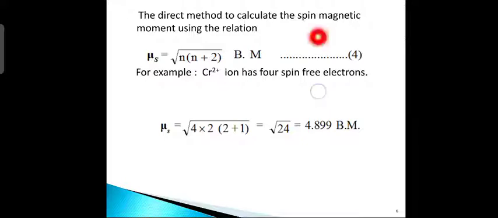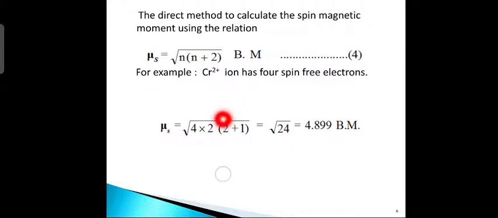The direct method to calculate this spin magnetic moment uses the relation mu s is equal to square root of n into n plus 2 Bohr magneton. Which is the example for this? Chromium 2 plus ion has 4 spin free electrons. When you write the electronic configuration, you find that there are 4 spin free electrons.